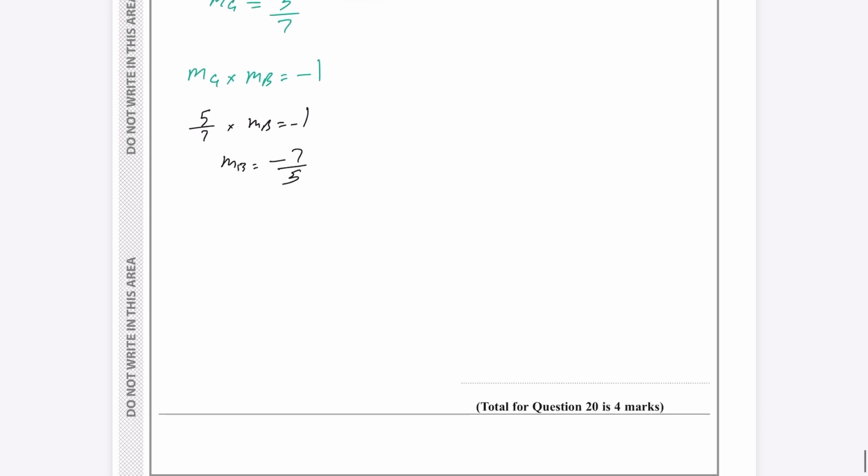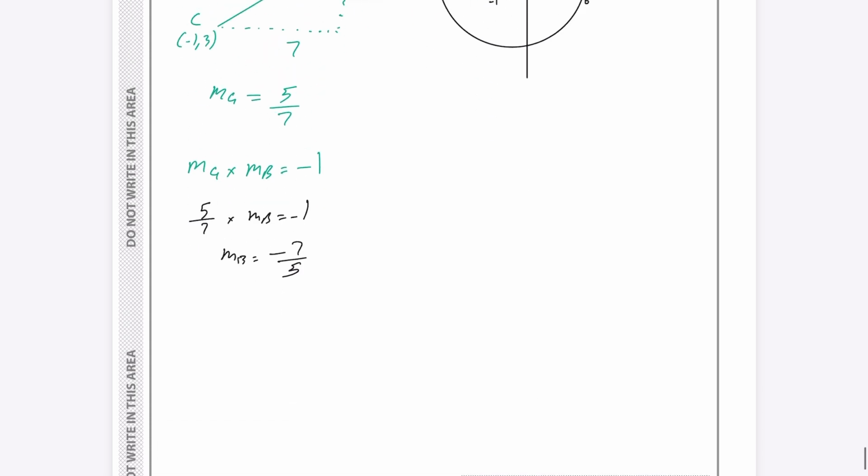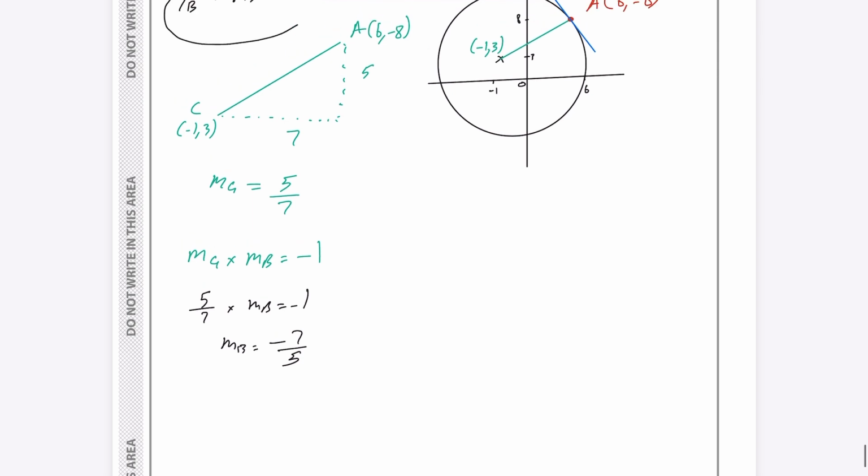So now we know what the gradient of the blue line is. If we bring this equation down with us down here, so that becomes y blue is equal to mx plus c. So we now have y blue is equal to minus 7 over 5 x plus c.